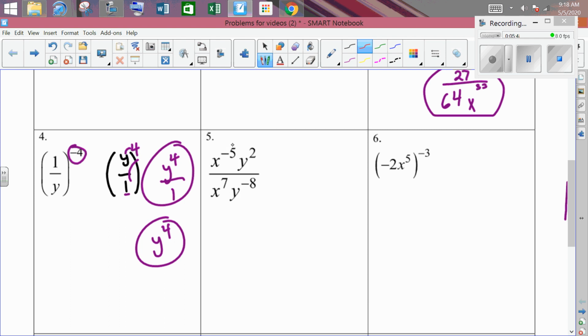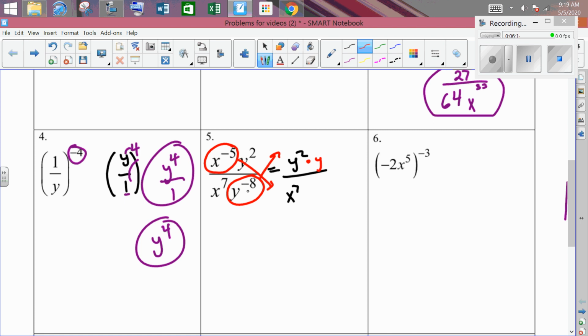All right, number 5, circling the ones that have negative exponents, because we're going to take the reciprocal of those bases. Notice these ones, the y squared and then x to the 7th, do not have negative exponents, so they stay where they are. These ones, however, with the negative exponents, are on the move.